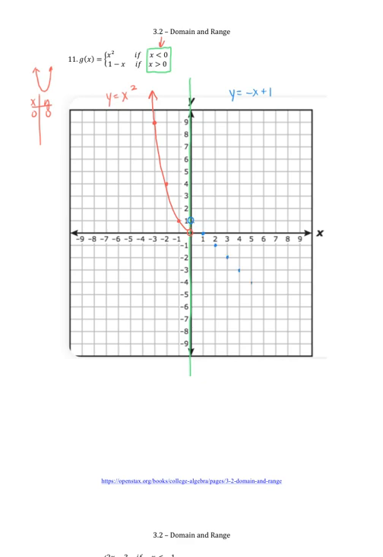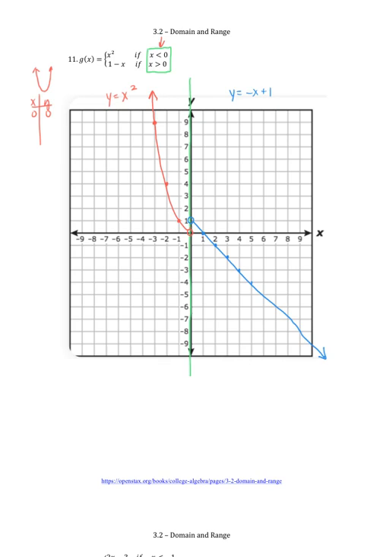If I continue in that pattern, and you can pretend like that's a straight line, that's going to be the right-hand side, or when x is greater than 0. So now that we have a sketch of the graph, we're going to write the domain and range.